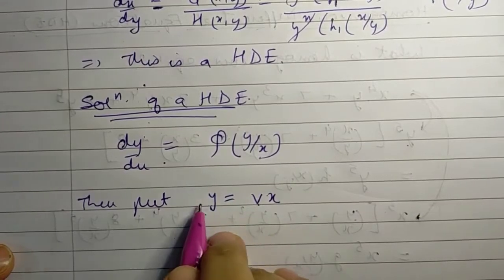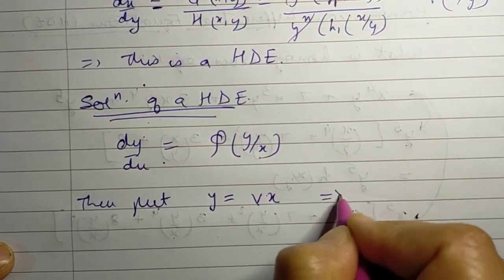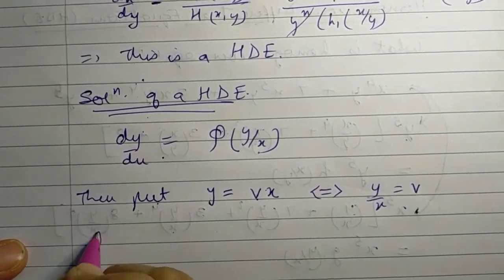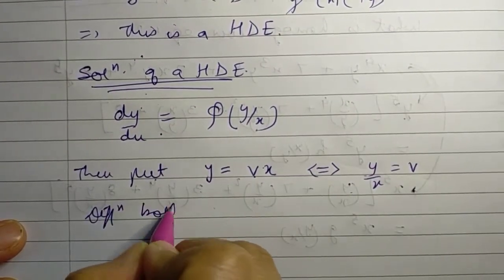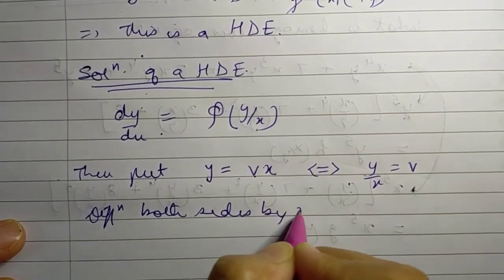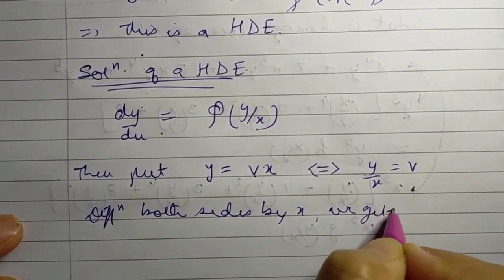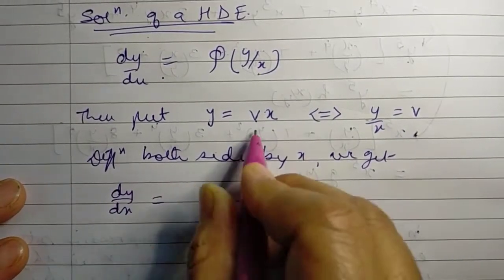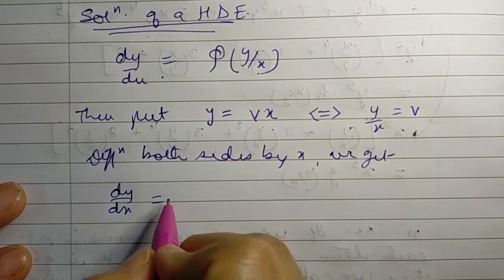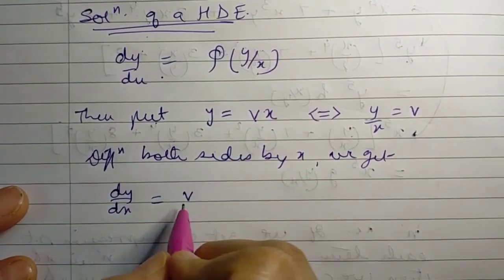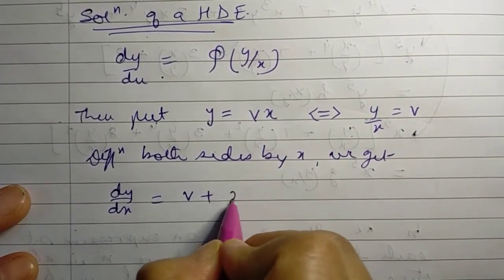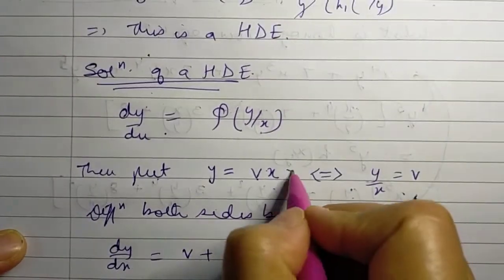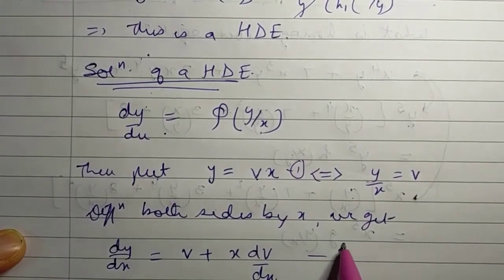So we write y equal to vx, or y by x is equal to v. Now differentiating both sides with respect to x, we get dy by dx equal to v into the derivative of x, which is 1, plus x into the derivative of v with respect to x. So this is 1, this is 2.